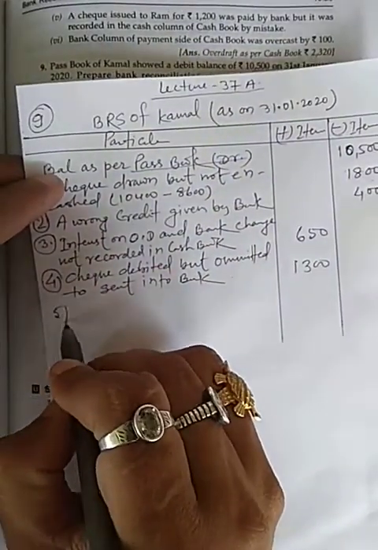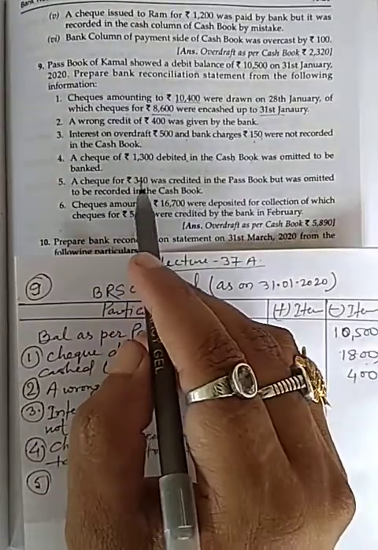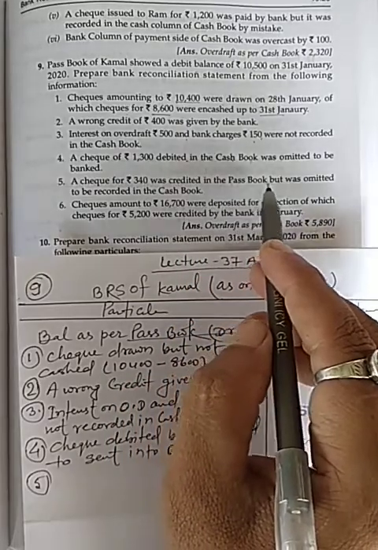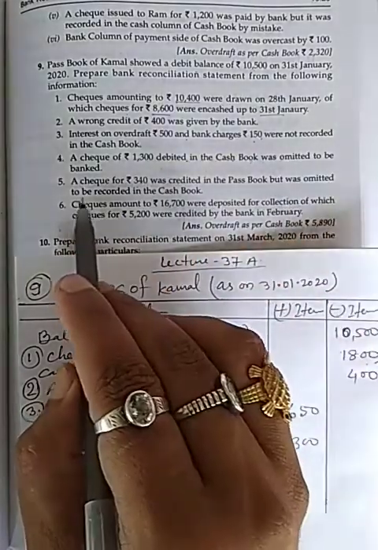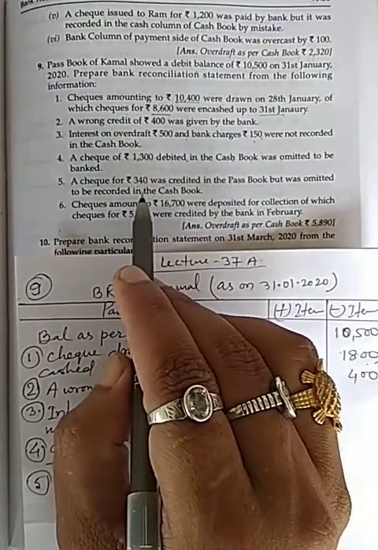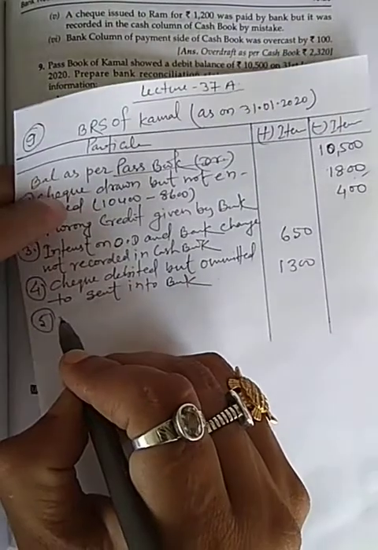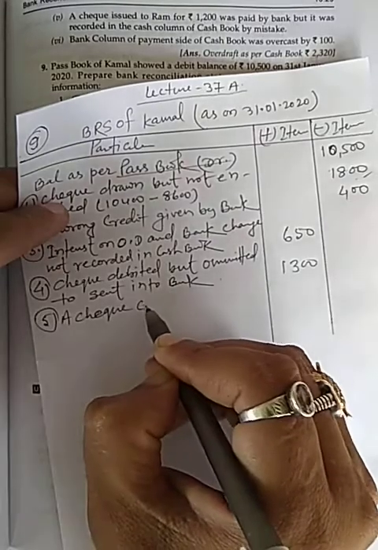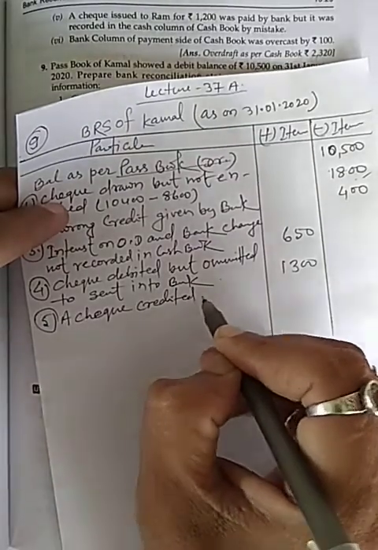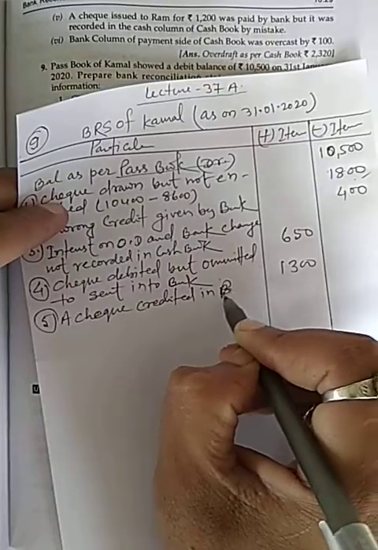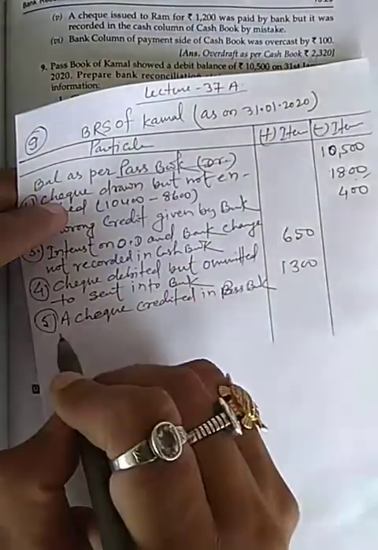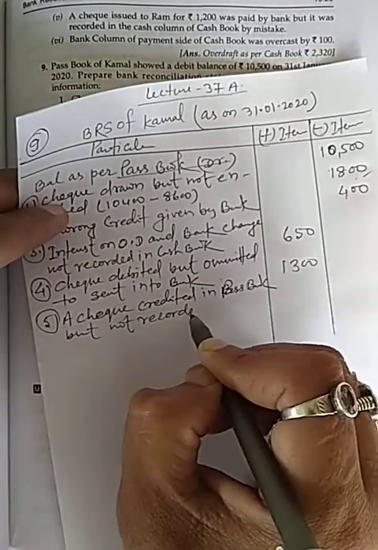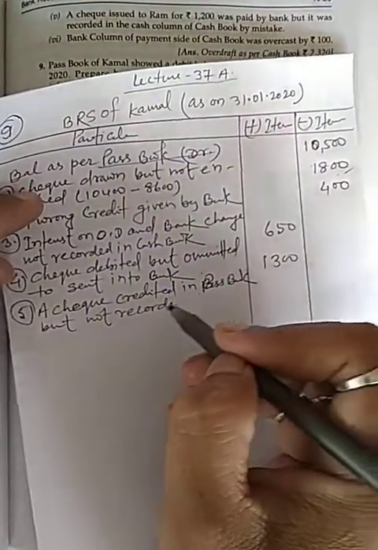Now fifth point is a check for 3,340 was credited in passbook but was omitted to be recorded in the cash book. So I will write a check credited in passbook but not recorded, or but omitted to be recorded.